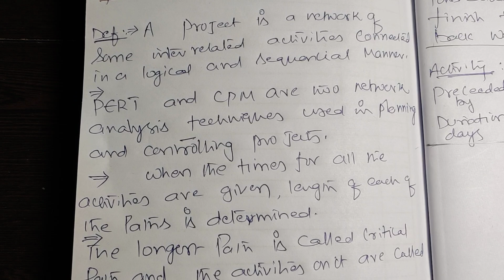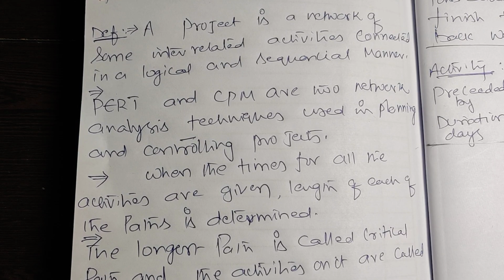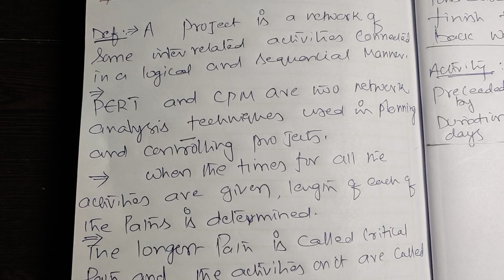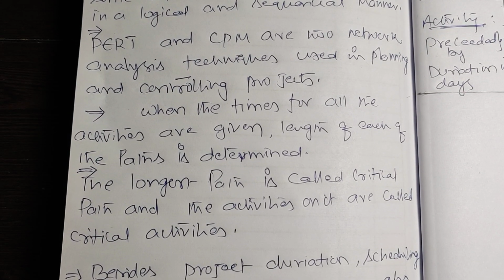When the times of all the activities are given, the length of each path is determined. The longest path is called critical path and the activities on it are called critical activities.